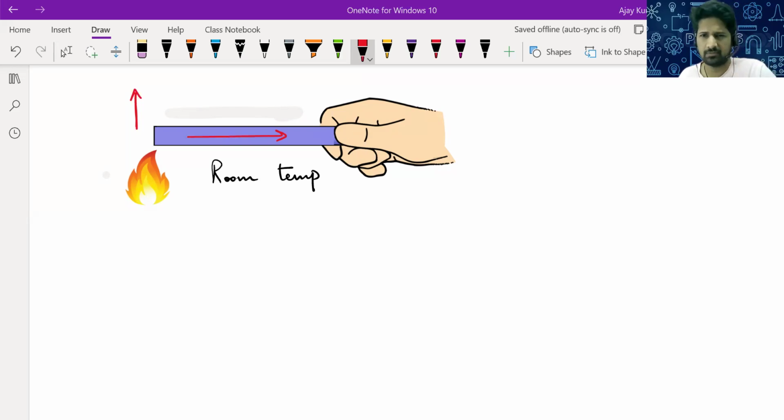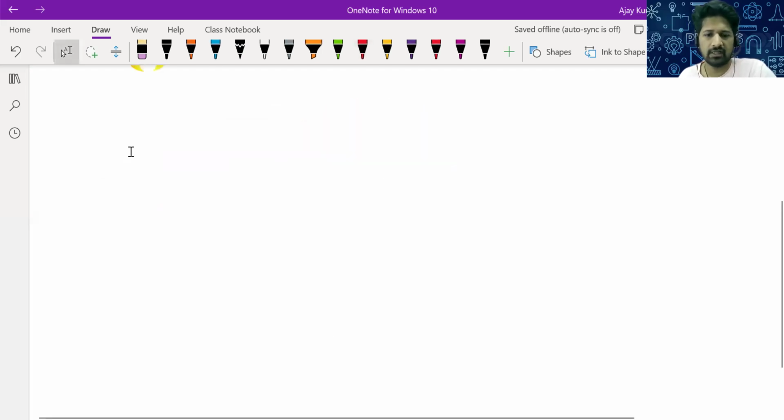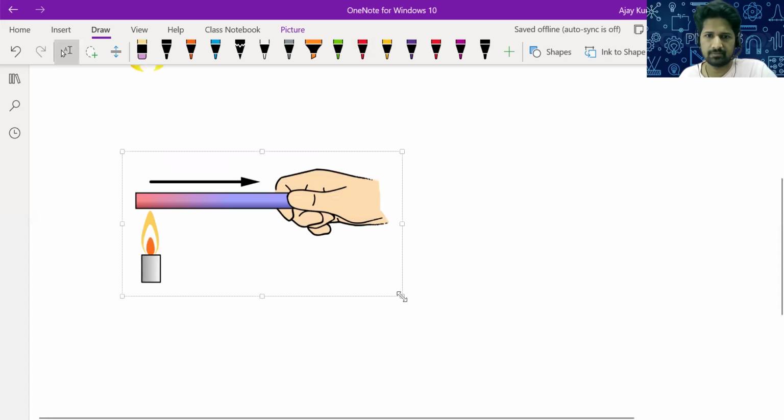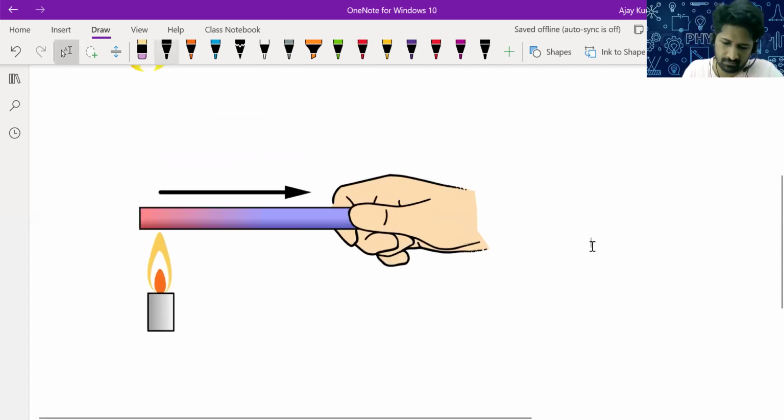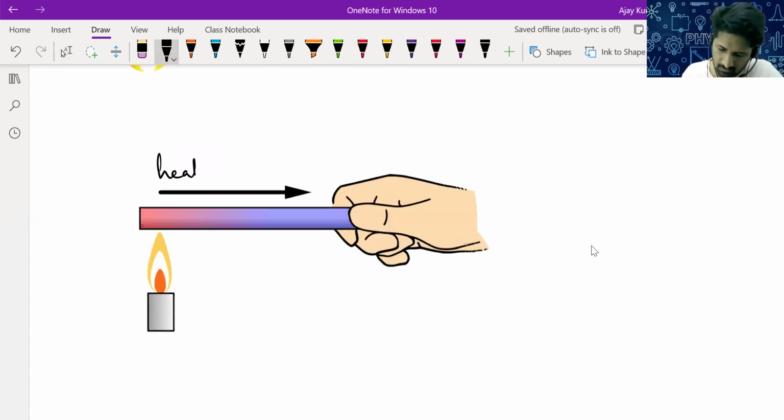You need to allow some time for that to happen, but heat does get transferred from one end to the other. This is basically what we call conduction. Transfer of heat through a medium from one place to another place.